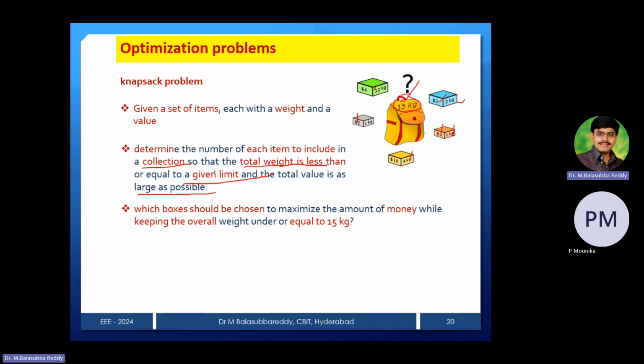So the weight should not increase beyond 15 kgs, but the cost, or value, must be as high as possible. Which items should be chosen to keep in the bag? To do that, we optimally have to find the combination of items that fills the bag within 15 kgs of weight.